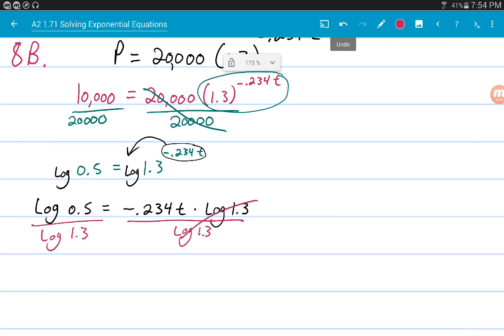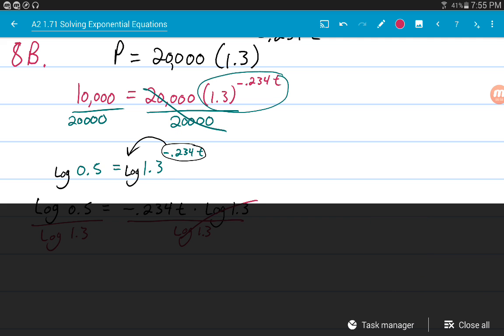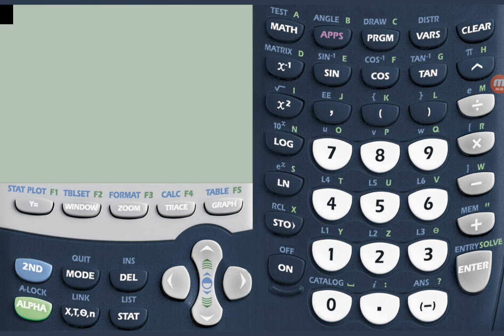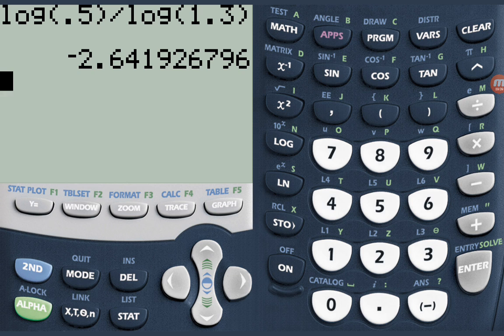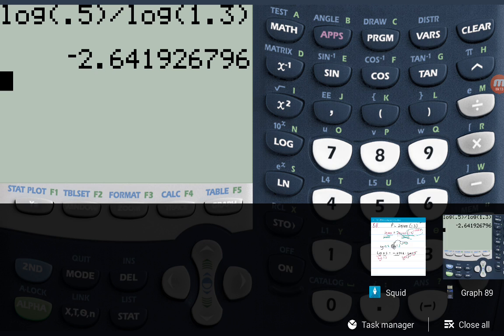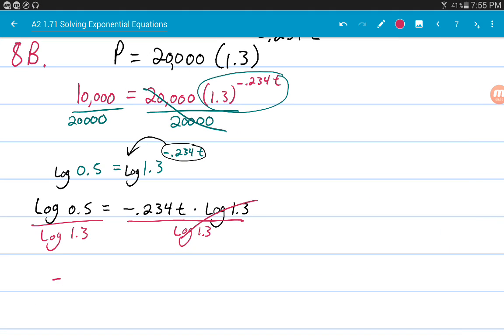The left-hand side of the equal sign, I'm going to do that in the calculator. Log of 0.5 divided by log of 1.3, and I get negative 2.642.